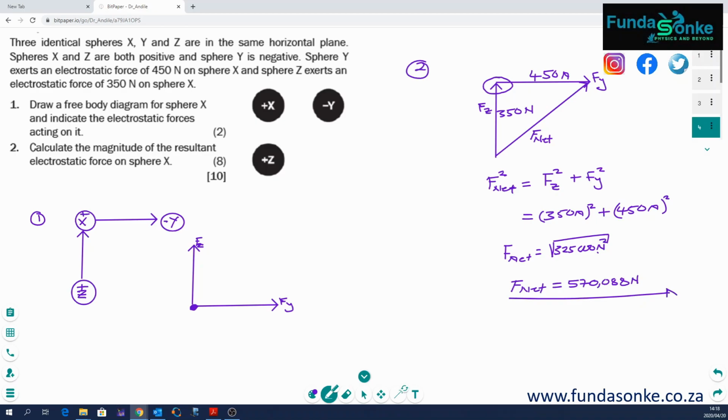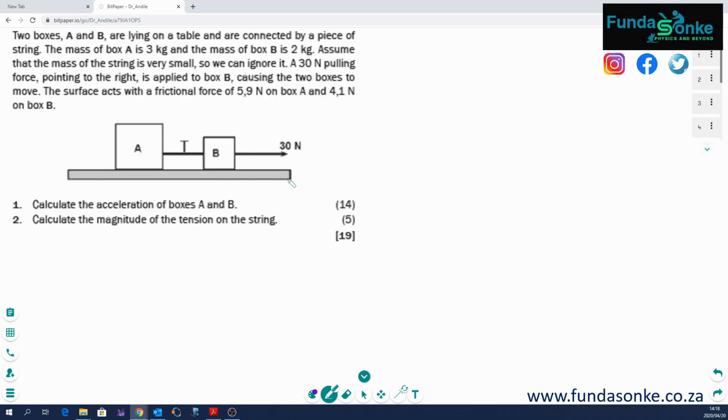So that is your resultant force, or electrostatic force, resultant electrostatic force acting on X. Okay, so we're going to go on now to the next question.